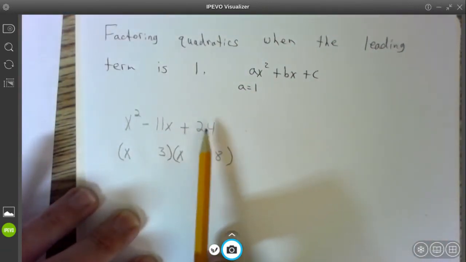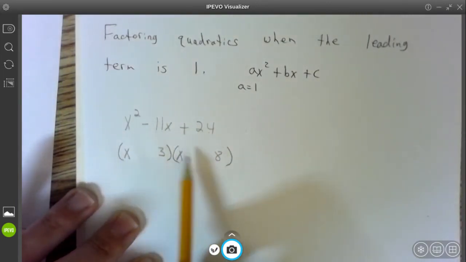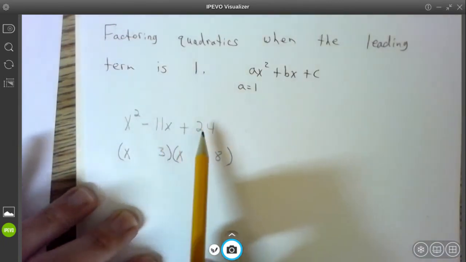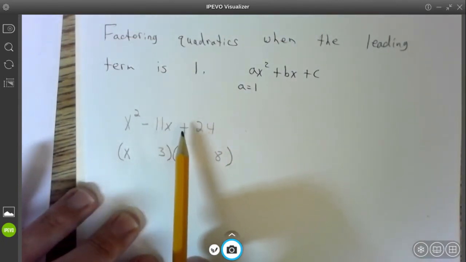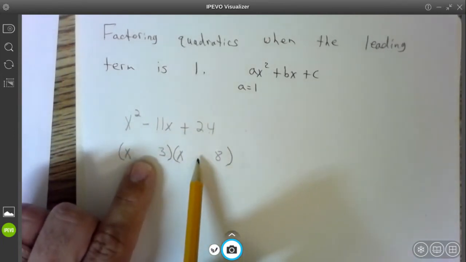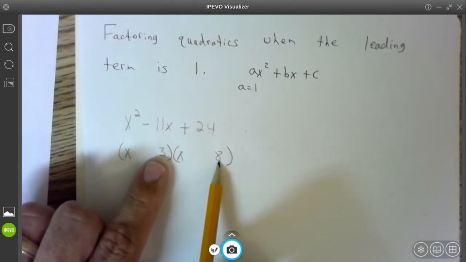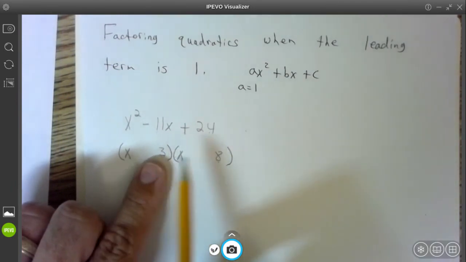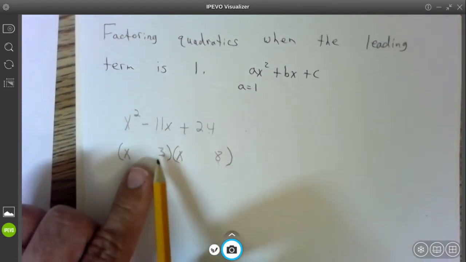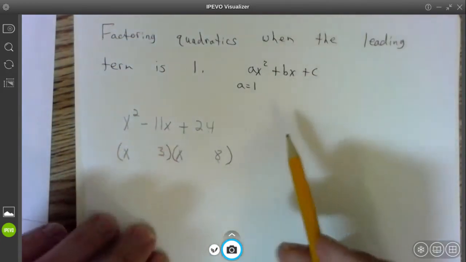So they multiply to 24, they add up to 11, and to fill in the sign parts here, what you look for is a combination of two things. The plus sign tells us that these are going to be the exact same sign, because the only way that you can get a positive 24 is if these two numbers have the same sign, like a -3 and a -8 would multiply to give you positive 24, or if it was a +3 and a +8, that would multiply to give you positive 24.